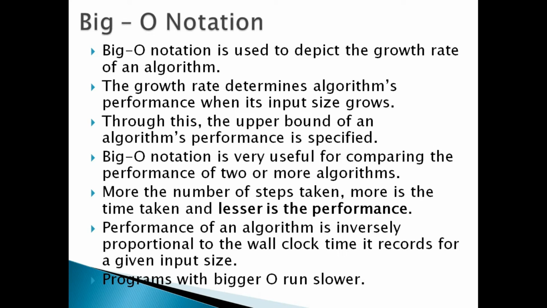Programs with bigger O run slower. The higher the O notation, that means the performance of that algorithm is slower. This line is very important, you have to focus on this: when you compare the big O notations for different algorithms, the programs with higher O notations will be running slower.